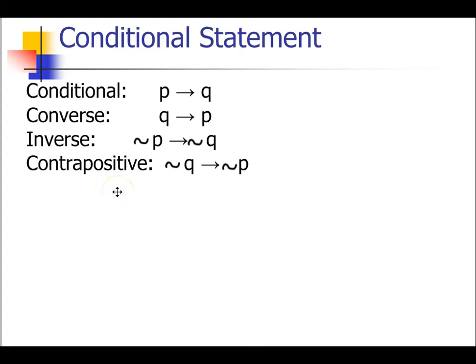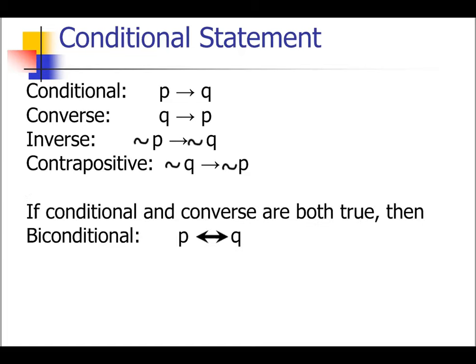Now the next term I want you to hear is not really a new conditional statement. But if a conditional statement, if P then Q, is a true statement, and its converse, if Q then P, is also true, then both of those can be combined in a single statement called a biconditional statement.